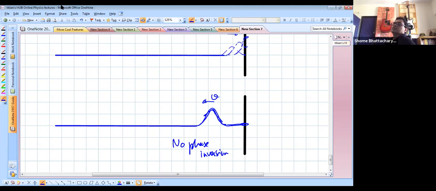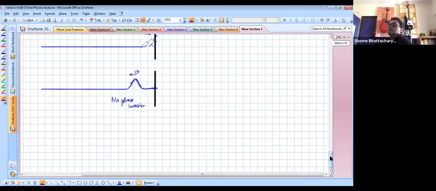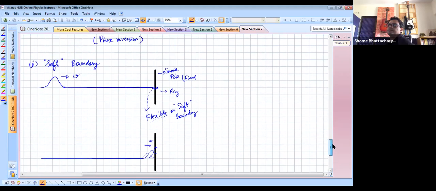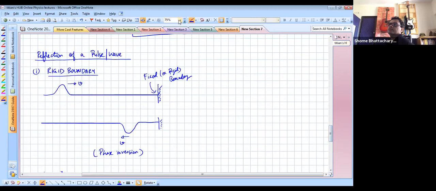So this is an important concept, and we'll see its application in certain types of questions next term. So these are the two types of boundaries.